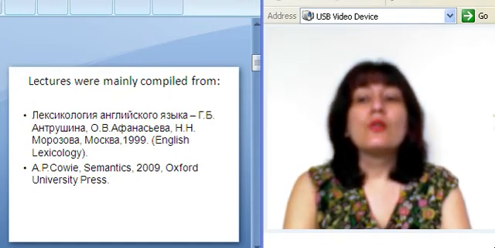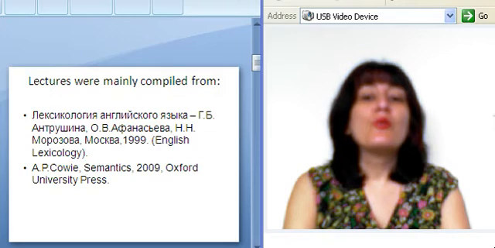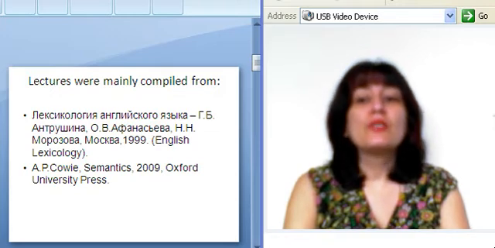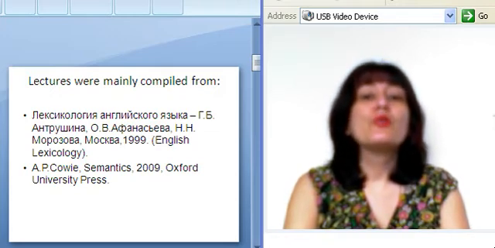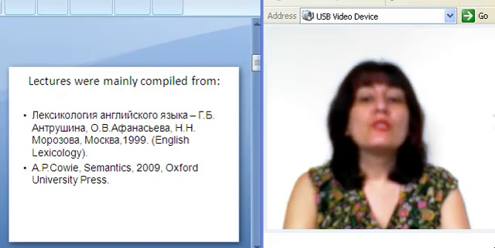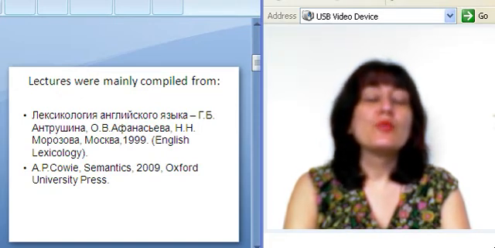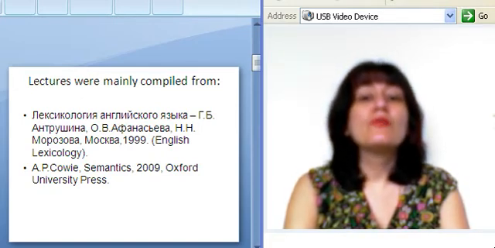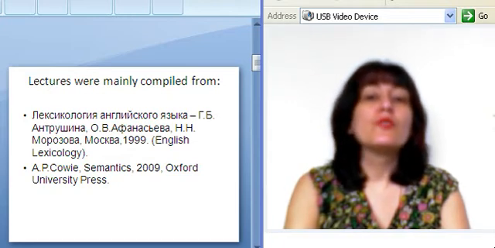So we shall be dealing with the processes by which words acquire new meanings, or on the contrary, by which words lose old meanings. The course includes the study of the meaningful relationships between words, the study of the semantic characteristics of the word on the basis of its typical contexts and in its relationships with other words in the vocabulary system.